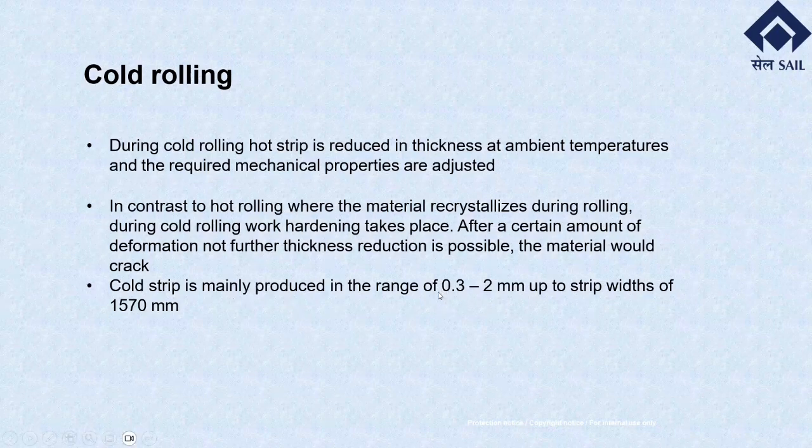Our product basket in terms of thickness that we are at present producing is 0.3 to 2. The design capability is 0.25 to 2. What Mohanty sir was inquiring about, sir, design capacity is up to 2 only, so we cannot deviate much from the design capacity to 3.